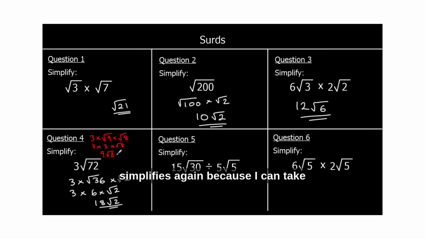But root 8 simplifies again because I can change it to root 4 times root 2. So we've done 9 times root 4 times root 2, which is 9 times 2 times root 2, which is 18 root 2 again.